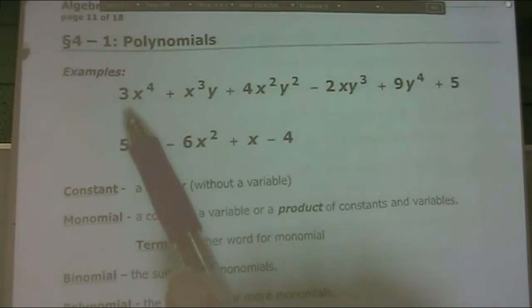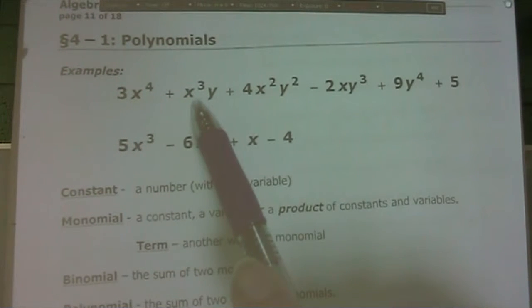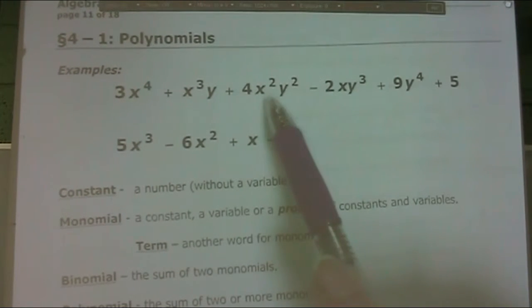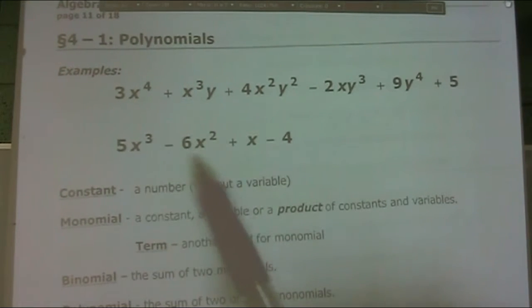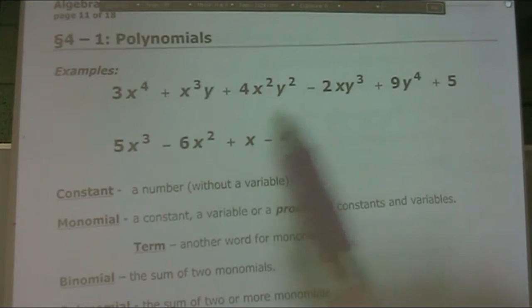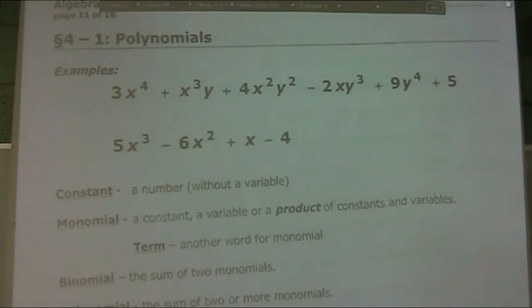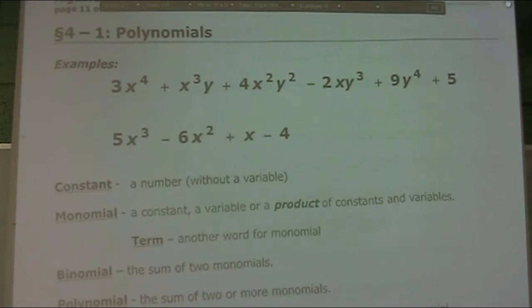Each of these is numbers and variables multiplied together. So each of these are monomials. So you can see that the polynomials that we have are actually made up of monomials added and subtracted. And that's what a polynomial is.